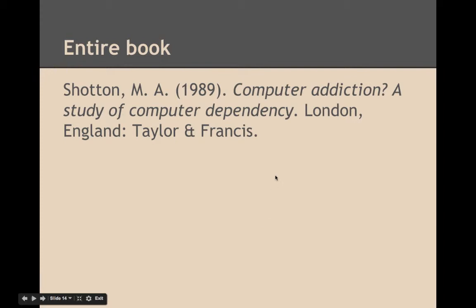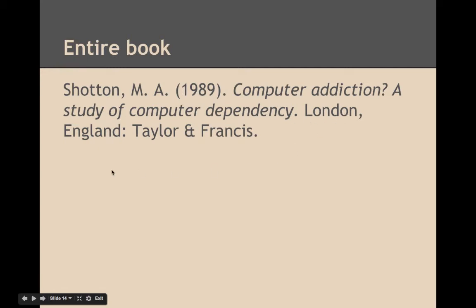Okay, here's a citation for a book. I know you might find this a little strange, but the titles of books, again, are going to use that lowercase rule. The first word would be capitalized. The second word here is not capitalized. The question mark here almost operates like a colon, so the first word after it would be capitalized and the rest is not capitalized.